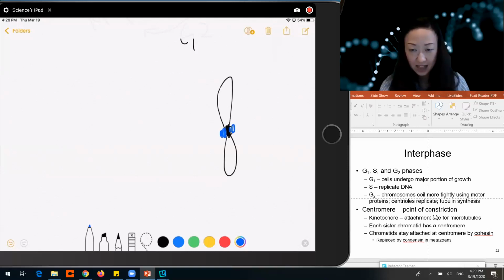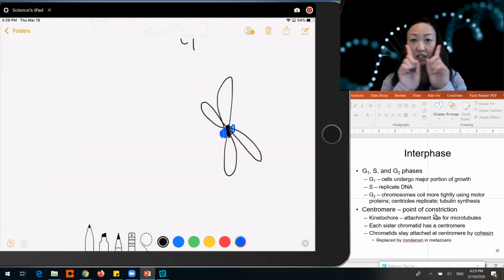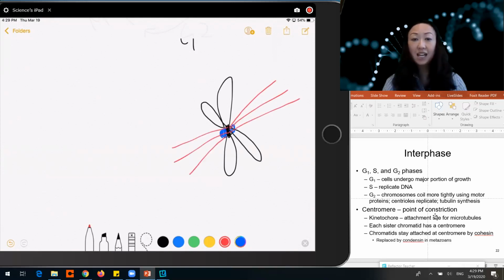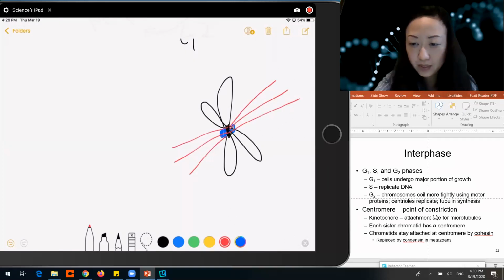And then remember how during S phase, you make sister chromatids, so they're identical. That's why there's two. And then ultimately, strands of microtubules come in and bind to the blue part, which is the kinetochore. Why? Because then we can move the structure around.